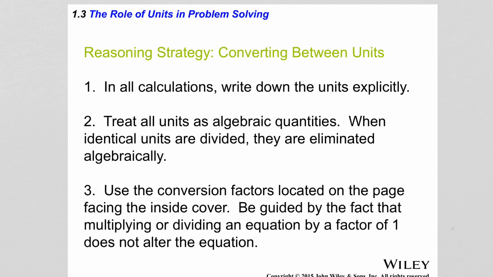You would use conversion factors located on the page facing the inside cover of the textbook and be guided by the fact that multiplying or dividing an equation by a factor of 1 does not alter the equation. So one more time, a conversion factor is the ratio of the same quantity measured in two different units, and that ratio is always equal to 1. So multiplication by 1 does not change the result.